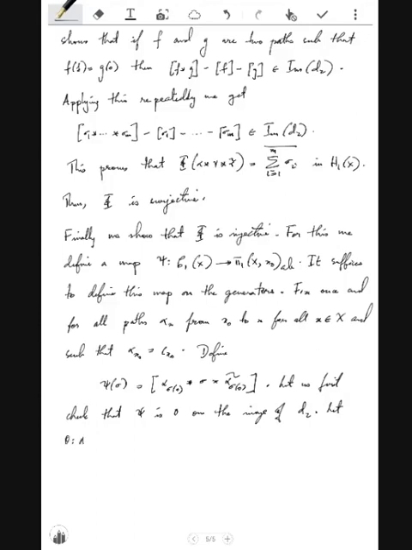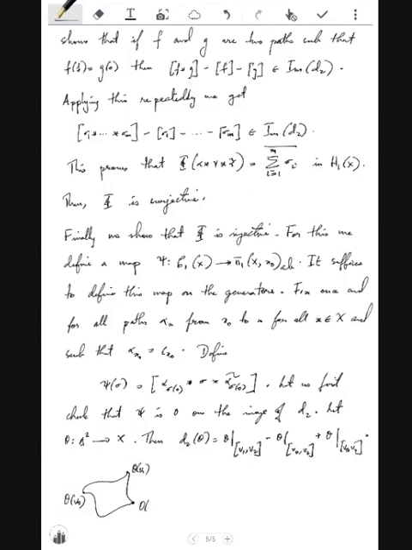So for this, let theta be a map from delta 2 to X, then T2 of theta is equal to theta restricted to the edges. So let's say the image looks like this. So this is theta of v0, theta of v1, theta of v2.